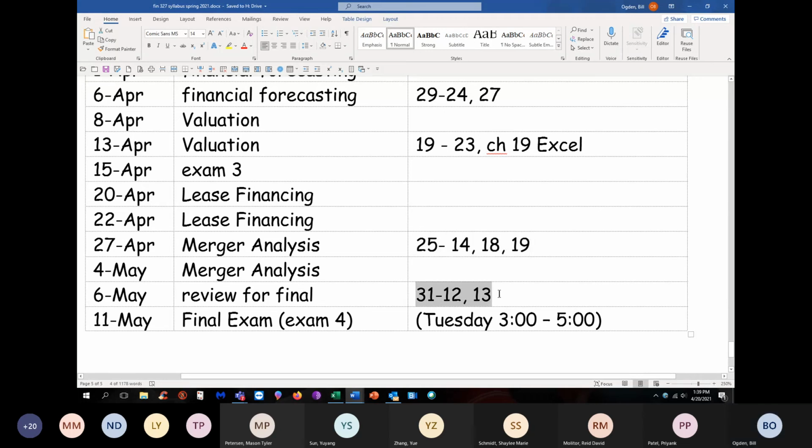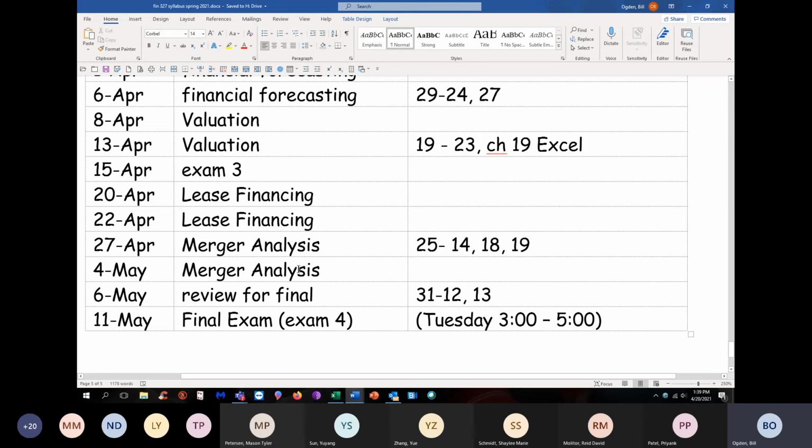We will still have 2 days to spend on merger analysis. We'll finish lease financing on the 22nd of April. On the 27th, we will go over these problems, and that will not take long, and then we will start on merger analysis.